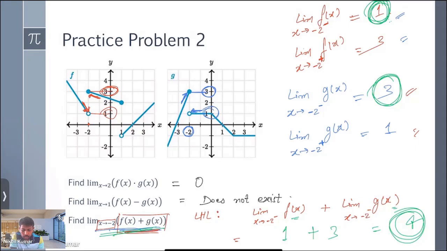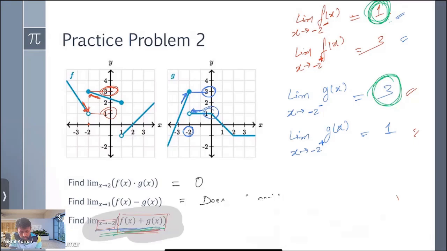So I'll clean this up and write it directly now. We figured out that left hand limit of this combination of functions is 4. What about the right hand limit?